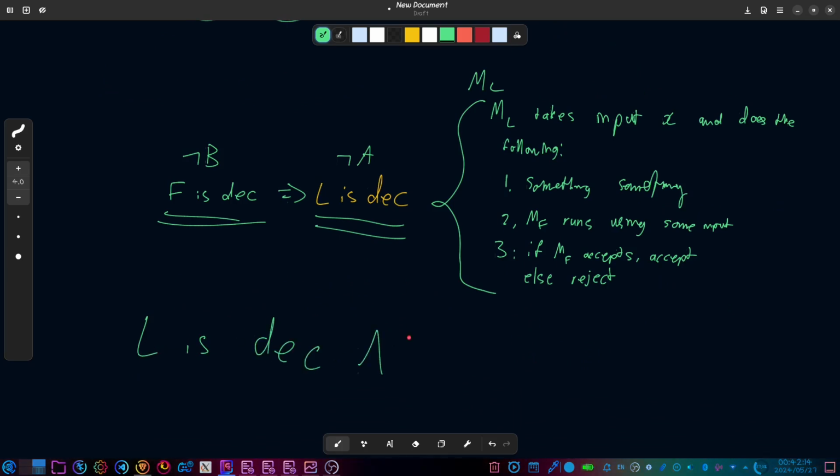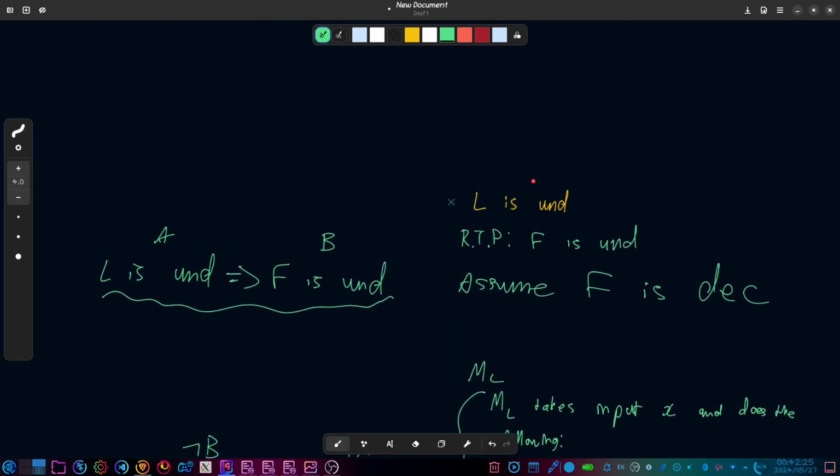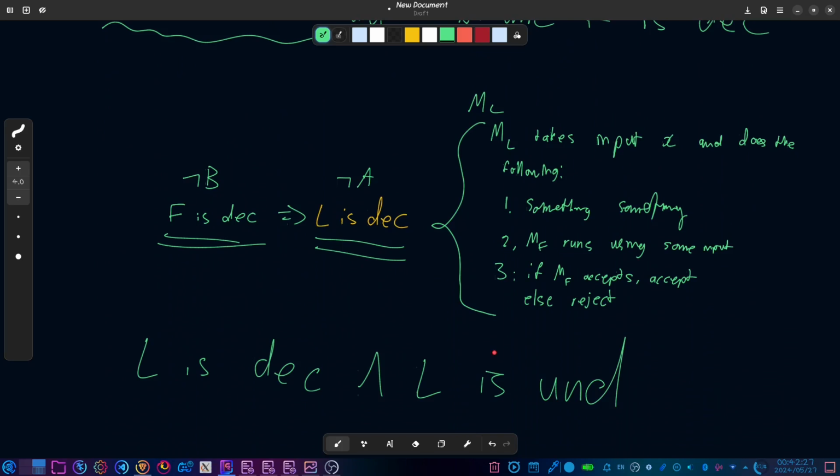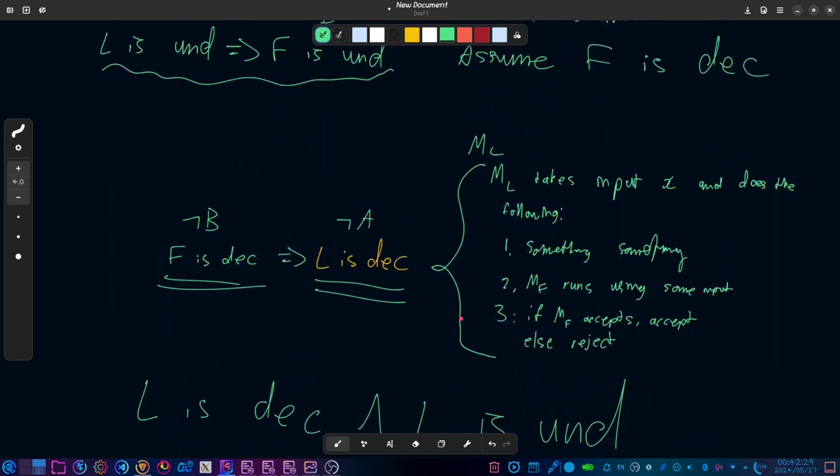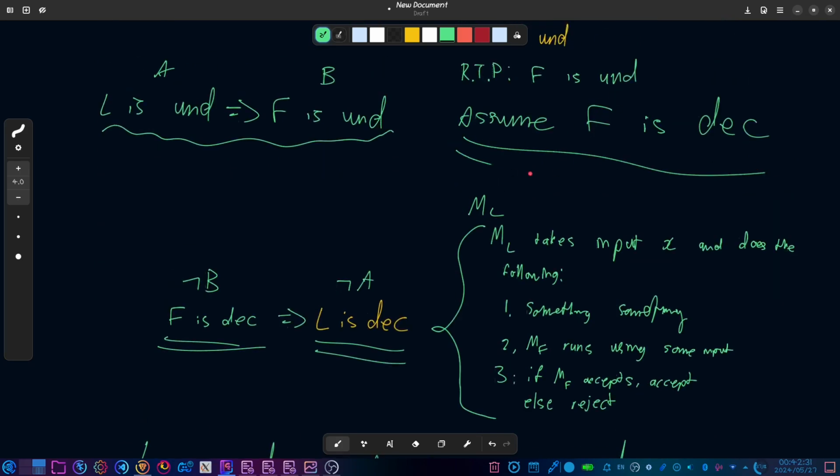L is decidable and L is undecidable, right? It's a contradiction. It doesn't make sense. But the only reason we landed up with this contradiction is because we made this assumption. So this assumption is false, and F is undecidable. Fairly straightforward.